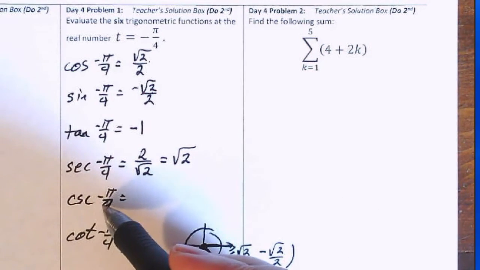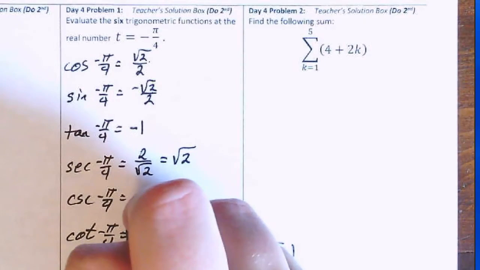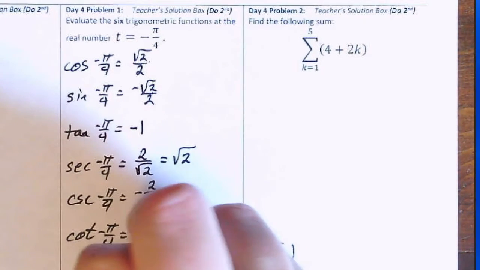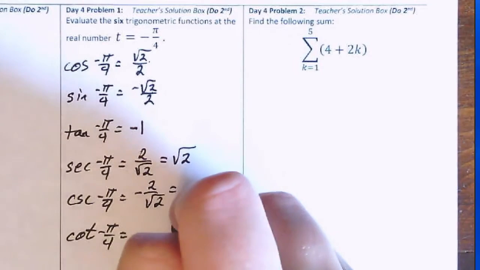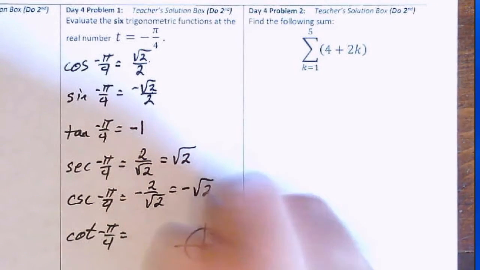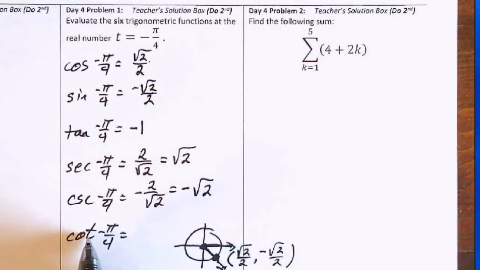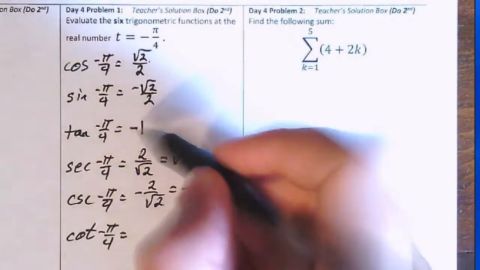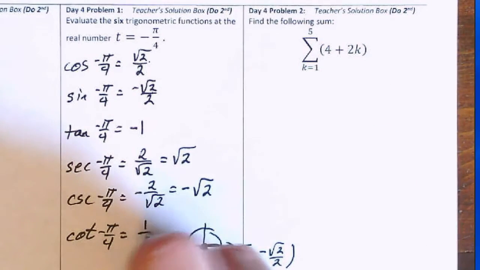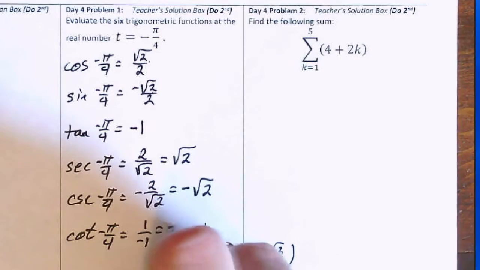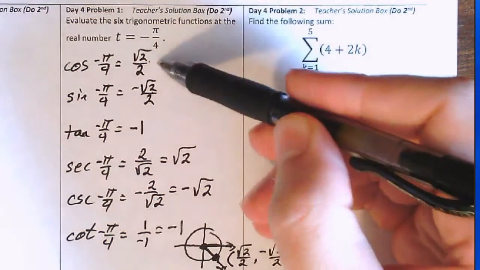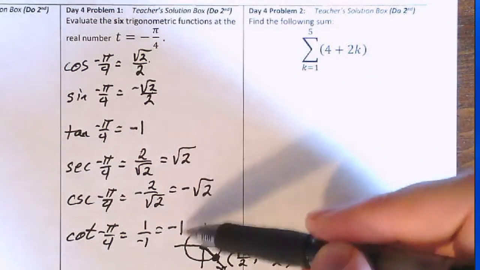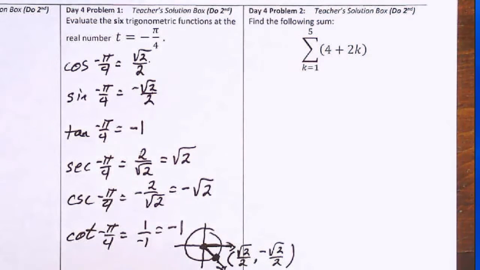Cosecant is the reciprocal of sine, and so that's going to be negative 2 over the square root of 2, and that simplifies to negative square root of 2. And cotangent is the reciprocal of tangent, so now we have 1 over the negative 1, and that's still negative 1. Here are our 6 trig values for this question.